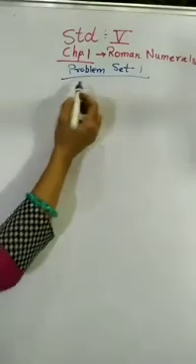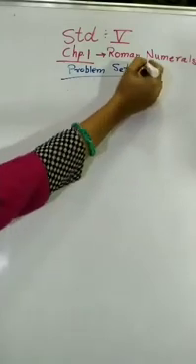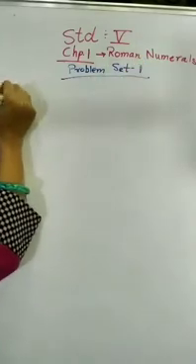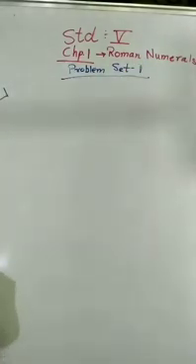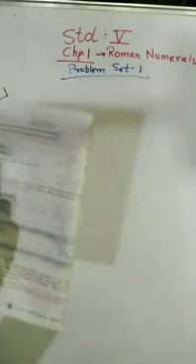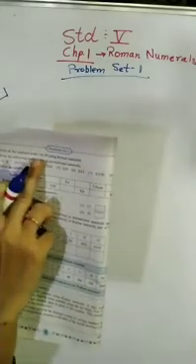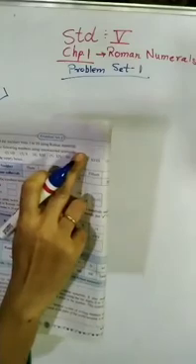Okay, now see problem set 1. In the first question, see textbook page number 2. The first question is: write all the numbers from 1 to 20 using Roman numerals.